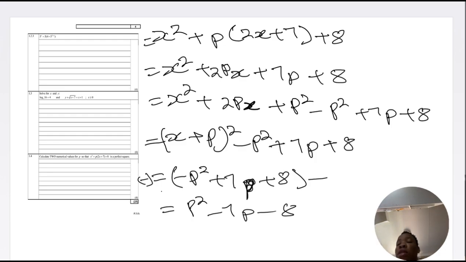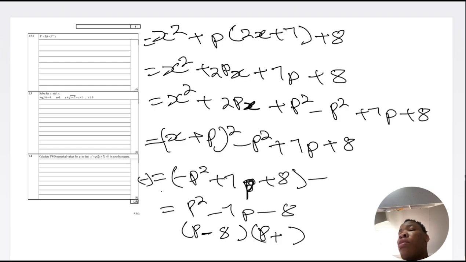So now let's find the factors. We open the bracket. You will have p, negative 8 plus 1. Okay, let me check. Negative 8 plus 1 is negative 7.